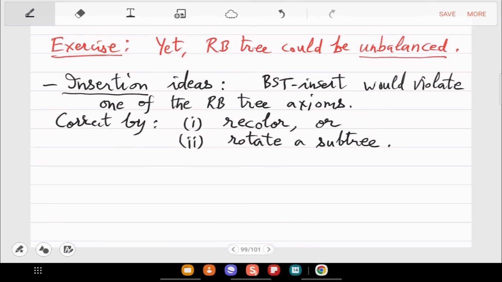And rotating a subtree, I have shown you one example. So you have a subtree, you can rotate it left or right once. So we'll show that insertion will be possible by just two rotations very locally. You insert by the BST insert idea, and when there is a problem with one of the red-black axioms, you can rotate once or twice, and then it will be solved. Okay, so we'll do this tomorrow, and deletion will be more complicated. But deletion also will have only these two ideas.